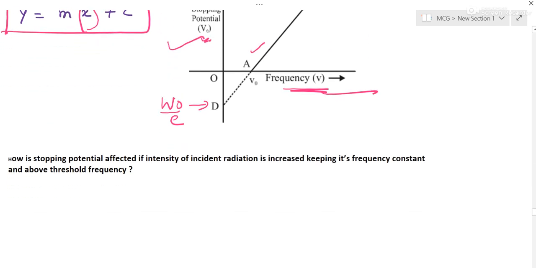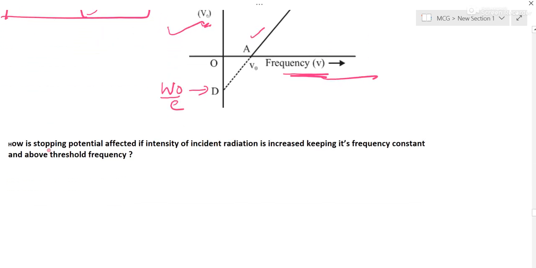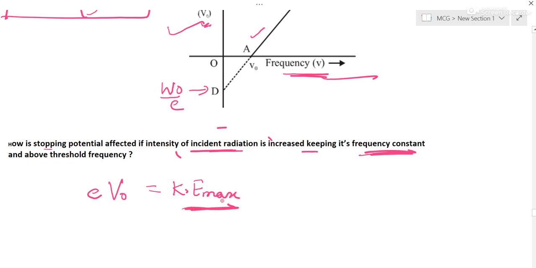Let us see the third part of the question: how is the stopping potential affected if the intensity of radiation is increased, keeping its frequency constant? So frequency is constant, intensity is being increased. Kinetic energy max is equal to eV0, that we know, and we have seen that kinetic energy depends upon frequency.